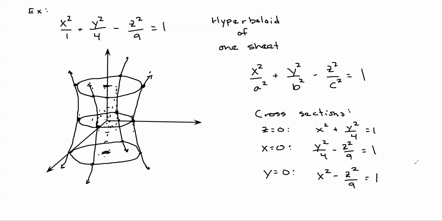Okay, next. Let's say we have negative x squared minus y squared plus z squared over 4 equals 1.